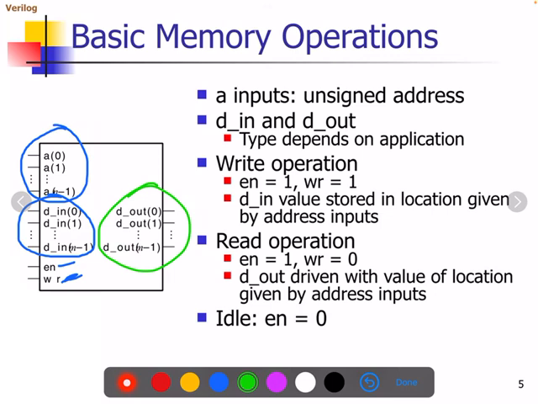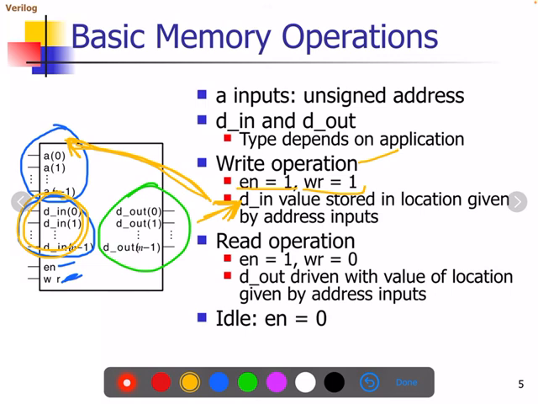For the write operation, we make enable high and WR, that is write, equal to 1, and when we provide the data input, that data input will be stored into the memory location specified by the address A. Whatever address is given, the data input will be stored into that address.